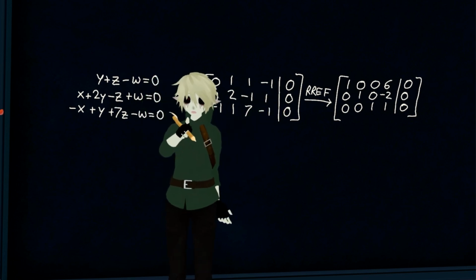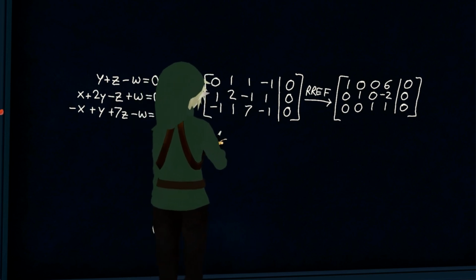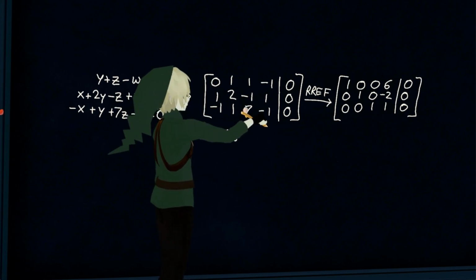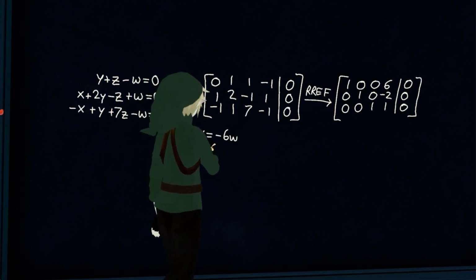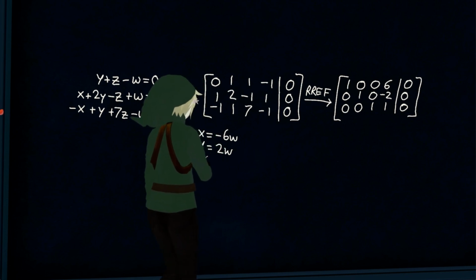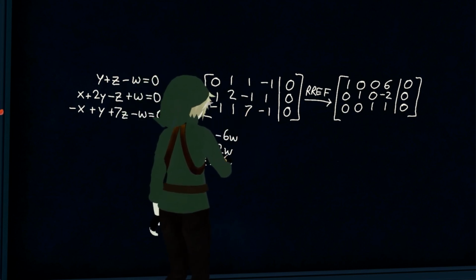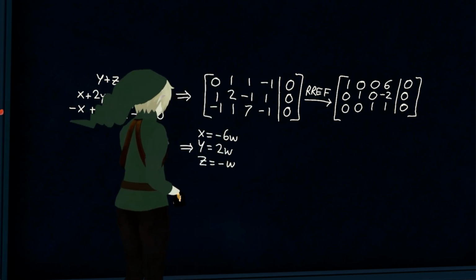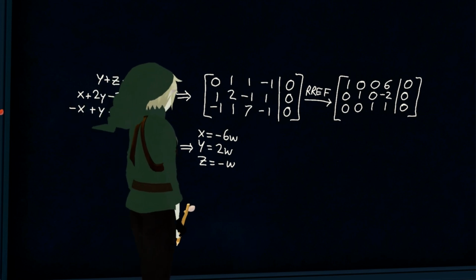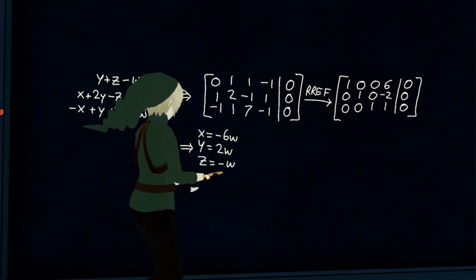So w is our free variable, and x is equal to negative 6w. y is equal to 2w. And then z is equal to negative w. Right, I'm just writing the answers, just pushing it to the other side. Okay. So we have our solution here.